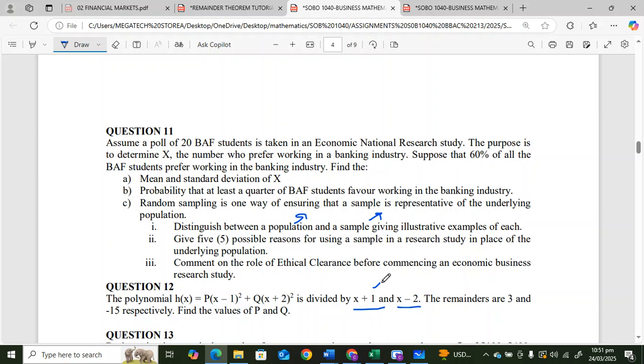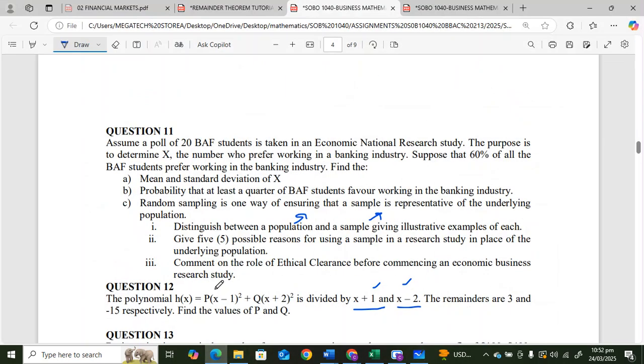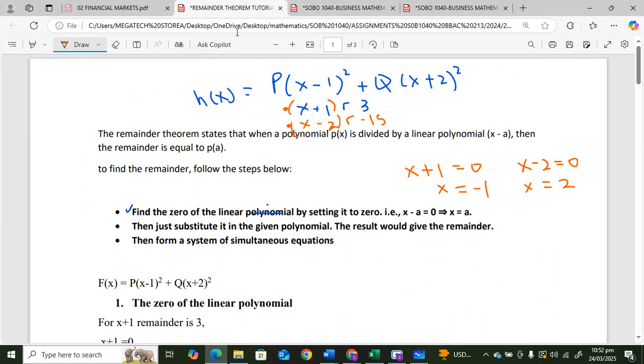These are the ones which we have equated to 0 to get their zeros. So first thing, when you see this question, you start with this x plus 1, x minus 2, whatever you'll be given. Equate them to 0 so that you get the zeros of the linear equation. Any questions before we move to step 2?